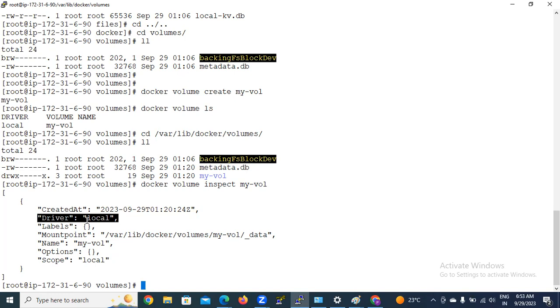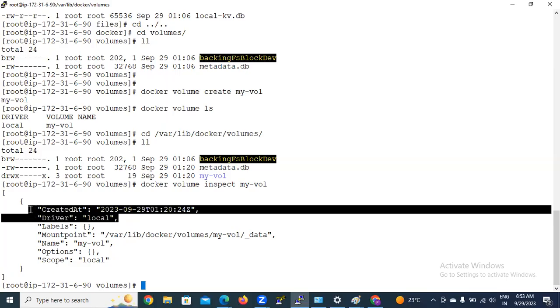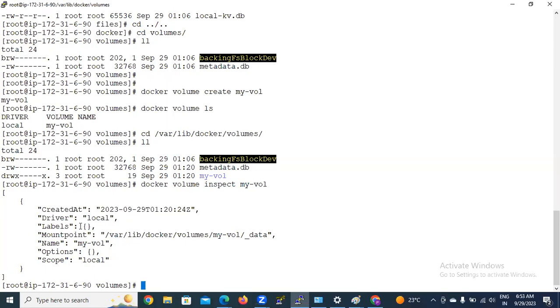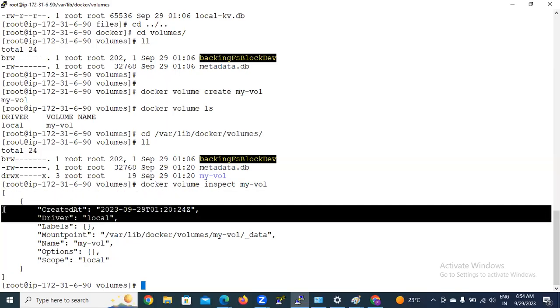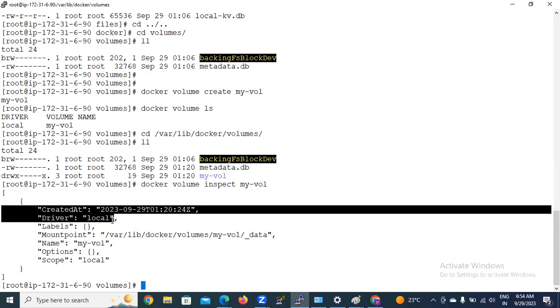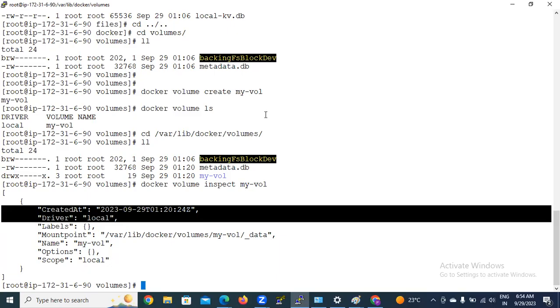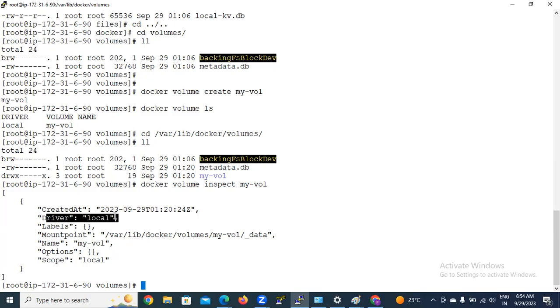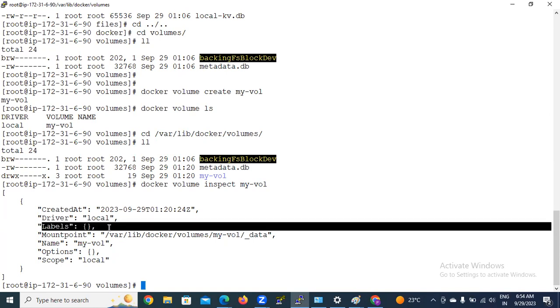We have multiple drivers that provide volumes. Those are specific to third parties. But if you want to create these volumes locally on this host machine, on your server, the driver name should always be local. And labels mean, if you want to assign some alternative names, here labels will come into the picture.